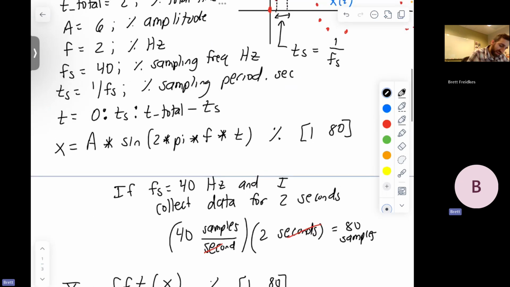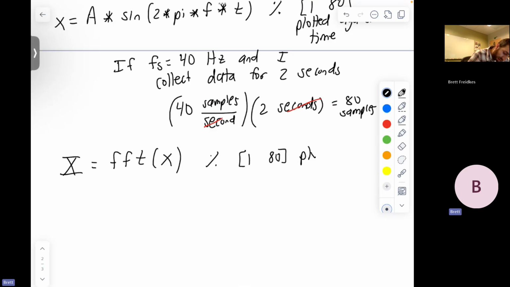The difference is these are plotted against time, while these are plotted against frequency. So they are inherently different points. Additionally, these 80 points, these are complex.